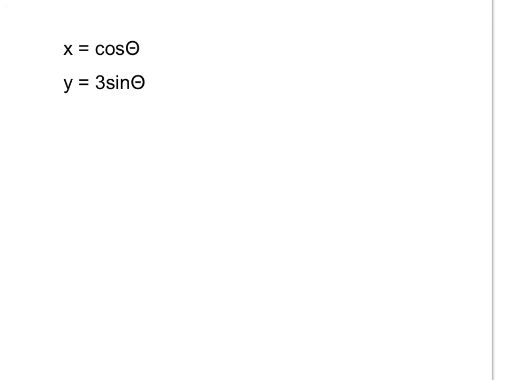One more here. We have x is equal to cosine theta and y is equal to 3 sine theta. Okay, this is different because we now have trig. So in order to do this, I'm going to solve for cosine and for sine. So I already know that cosine theta is equal to x. And down here for sine theta, I'm going to divide both sides by 3.